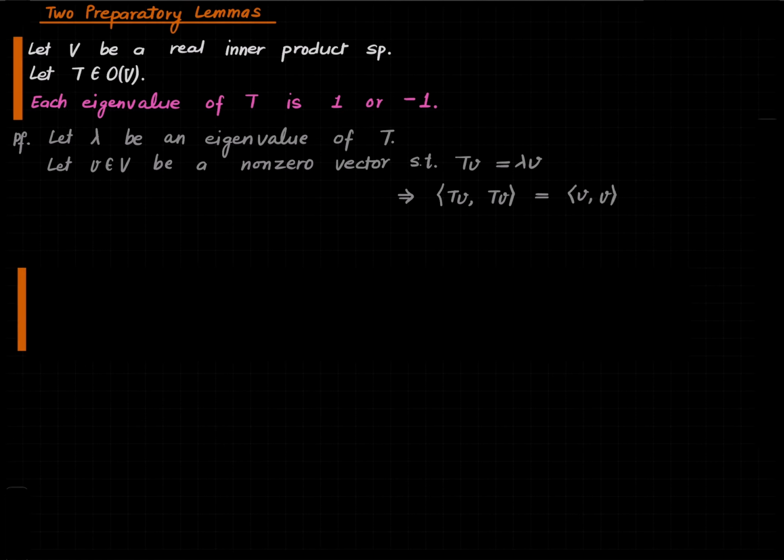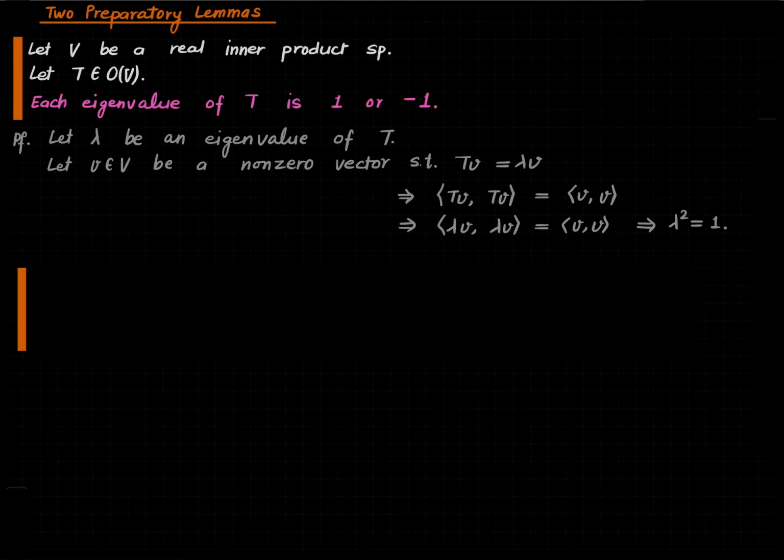And that immediately gives us this equation. This lambda and that lambda together conspire to become lambda square, and then you cancel off the v dot v from both sides. So you get lambda square is 1. Once you get lambda square is 1, you get lambda is either plus or minus 1. That's it. So that's a very simple and general fact.